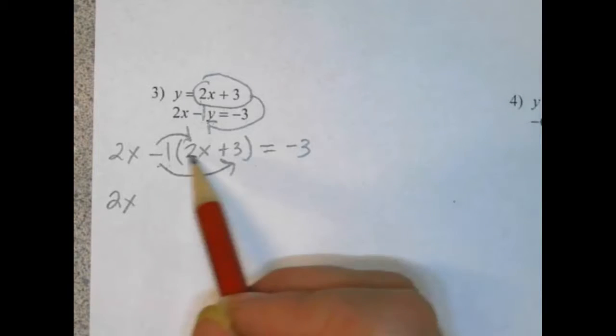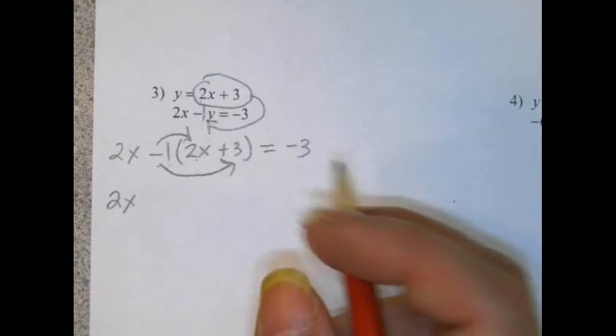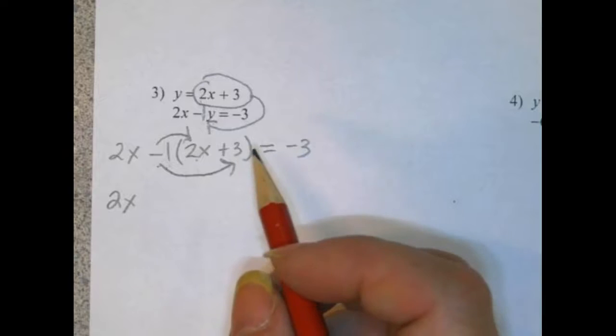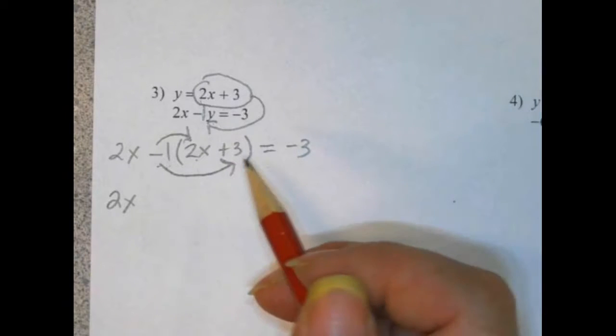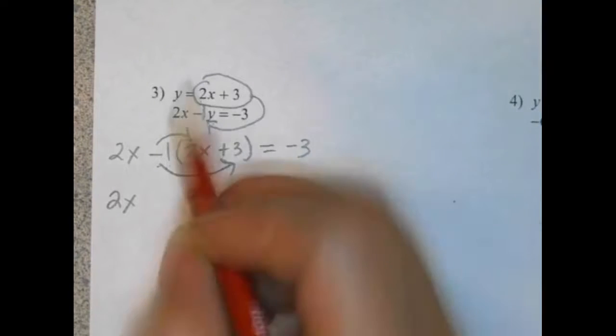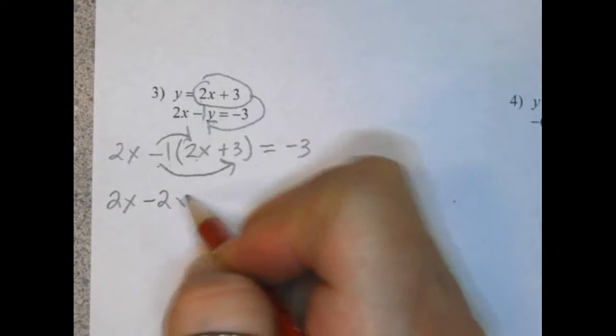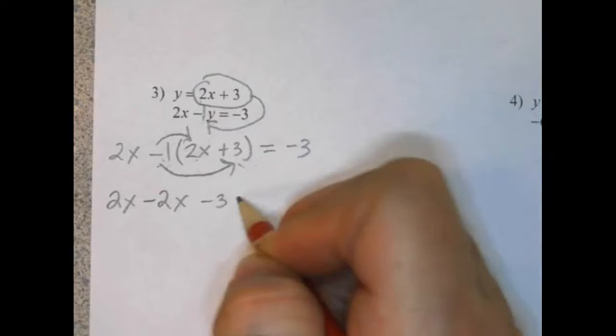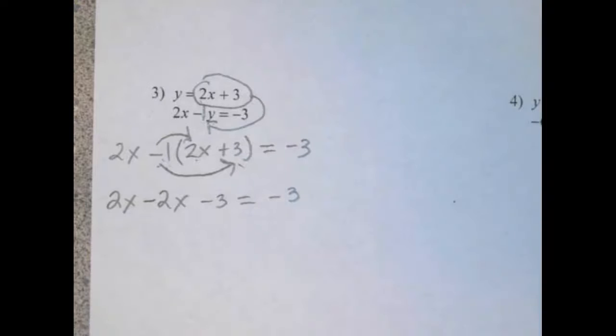Negative 1 times 2x becomes what? Jordan? Positive or negative? Negative 2x. Negative 1 times 3 becomes negative 3. And then we're going to bring down that equals negative 3.